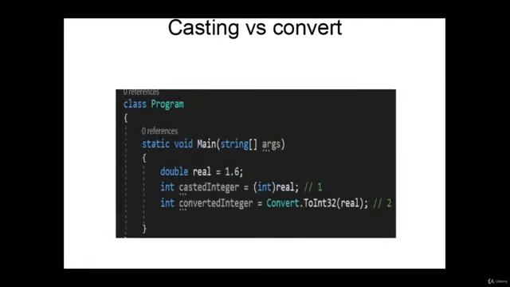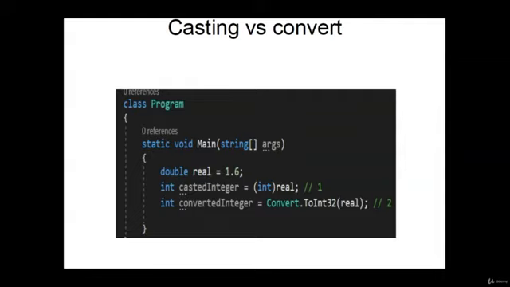Now, there's some important differences between the casting and the convert methods. When you use the casting method, especially with explicit casting, you're basically saying, I understand that there's going to be data loss, or there may be data loss, but I want to display this variable as this type. So let's look at an example. We have a double called real, and it equals 1.6, and we cast it into an integer in the next line.